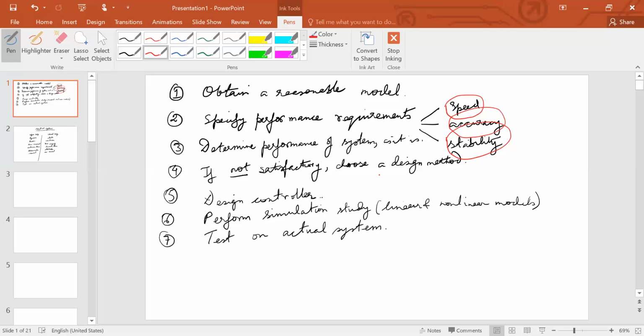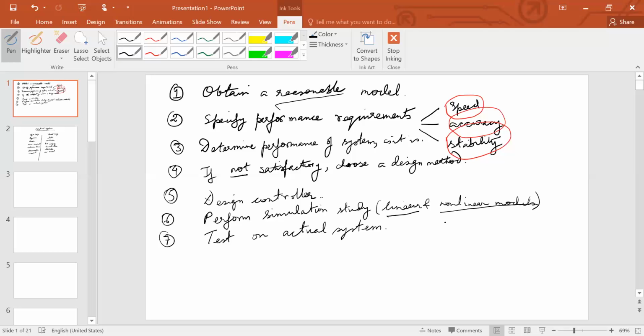Not only do you perform simulations with the linearized or simplified model such as this, you also perform simulations with the actual nonlinear models where you do away with a lot of simplifying assumptions which you might have made during this first step here. So you simulate, and that is the value of simulation, because all throughout you might have designed your controller on a simplified model, but now you run the simulation on the actual model or closer to the actual model.